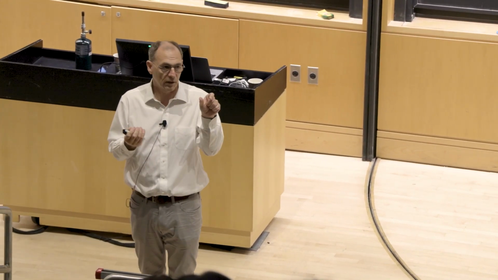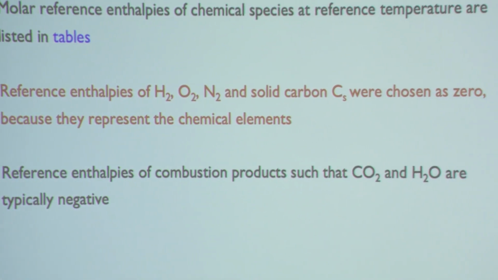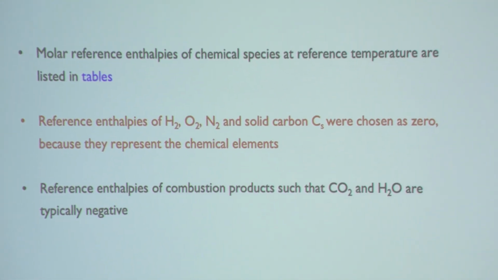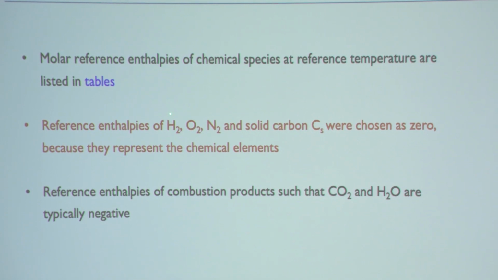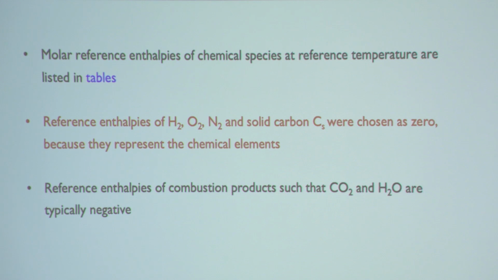Each color, let's say, of Lego block has to have a definition for the point of zero energy, okay? And that's what we do here. We say for hydrogen, oxygen, nitrogen, and carbon, we need to define a zero value, and we say the molecules, hydrogen molecule, oxygen molecule, nitrogen molecule, and solid carbon, they have zero enthalpy.